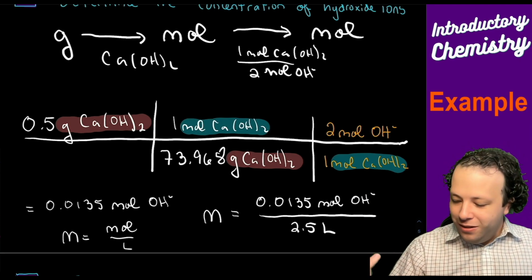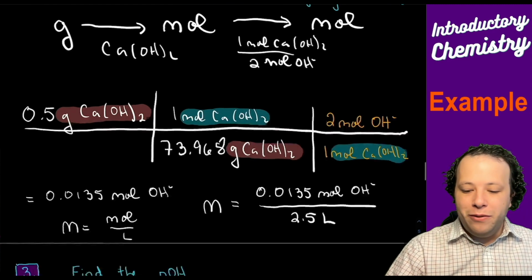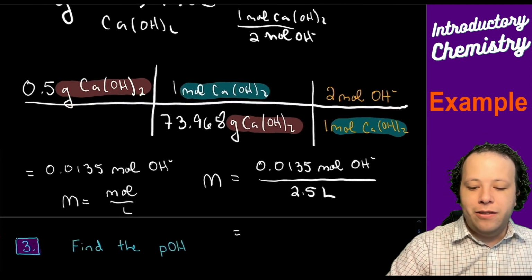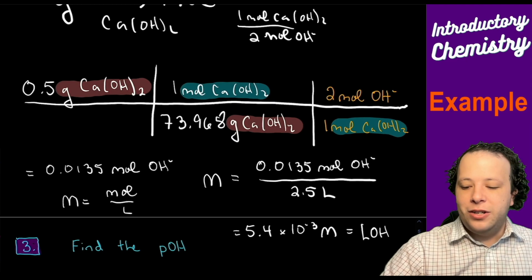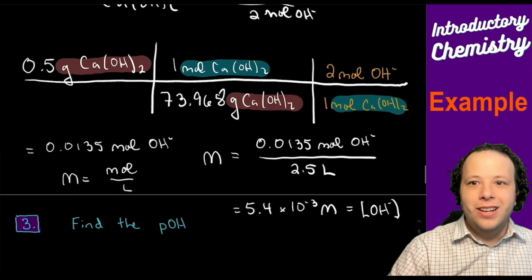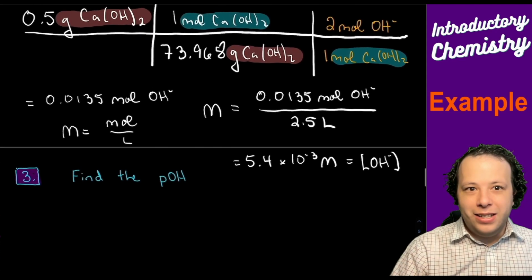When we do that, we get our final molarity, which is 5.4 times 10 to the negative 3 molar of hydroxide. Okay, so that's the OH minus concentration, and that's our important value there, right?